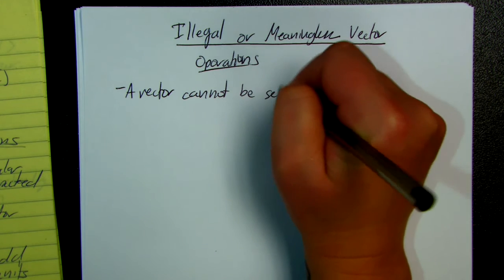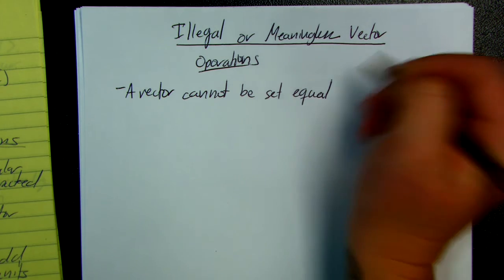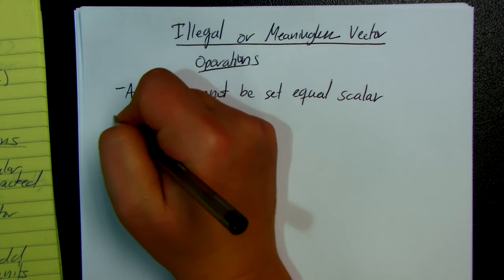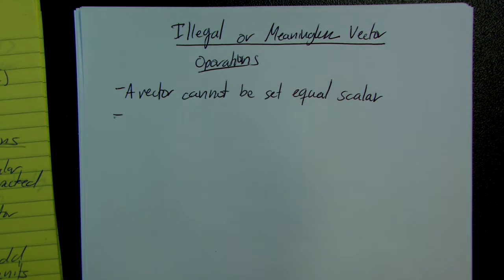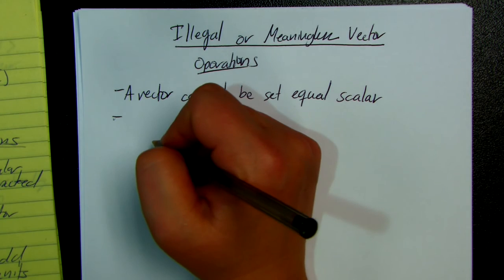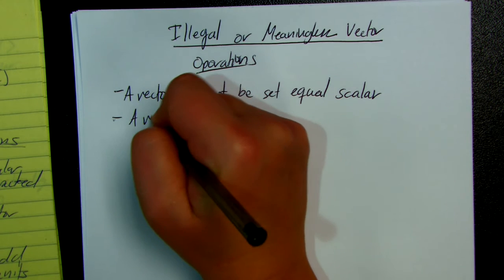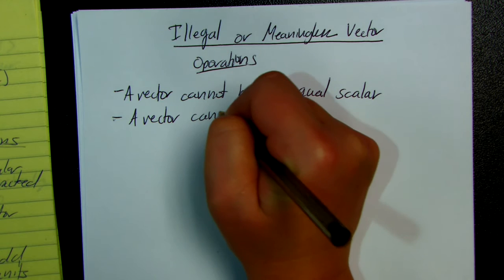First, a vector cannot be set equal to a scalar. That is a nonsense expression. Vectors are three-dimensional numbers, scalars are one-dimensional numbers. 3 dimensions does not equal 1 dimension.